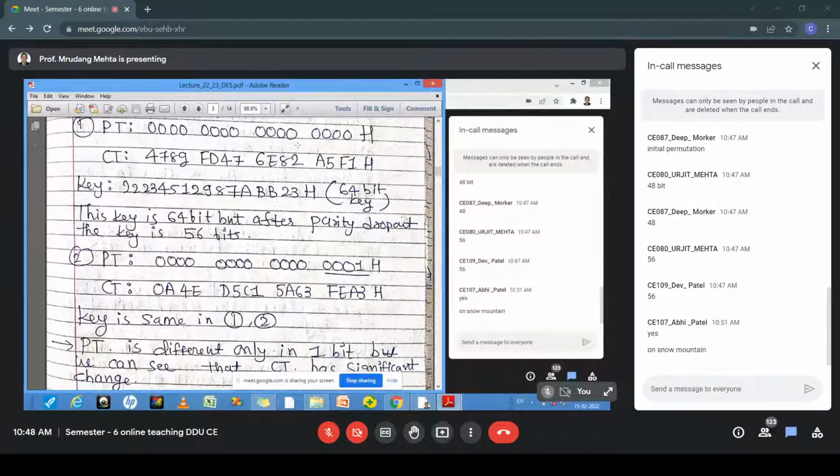So this first plain text is all zeros of size 64-bit.